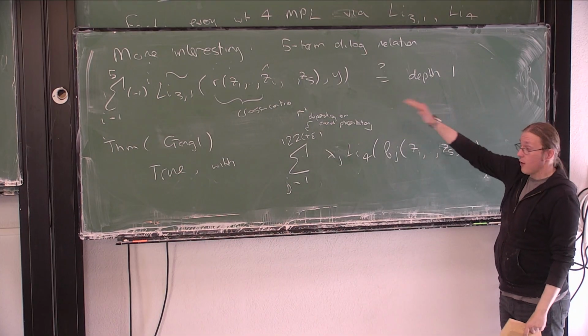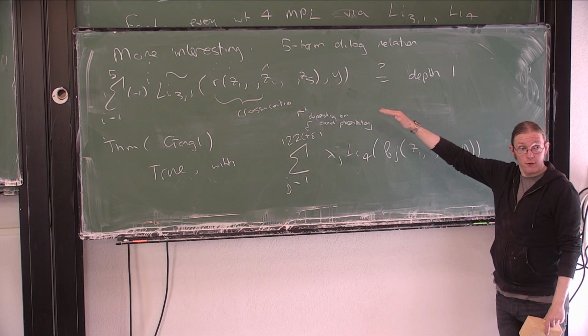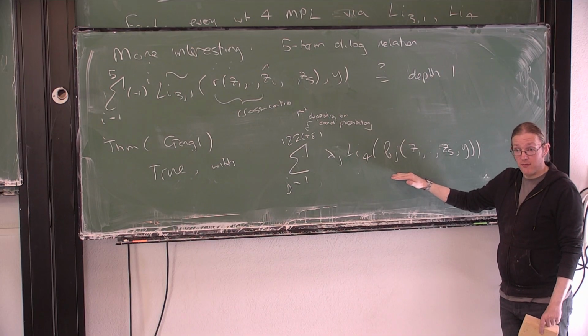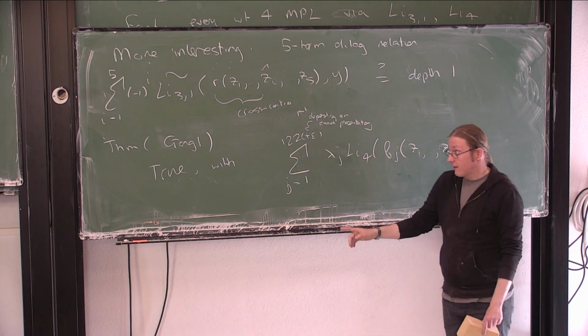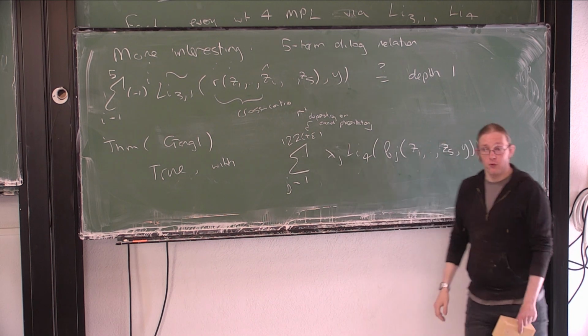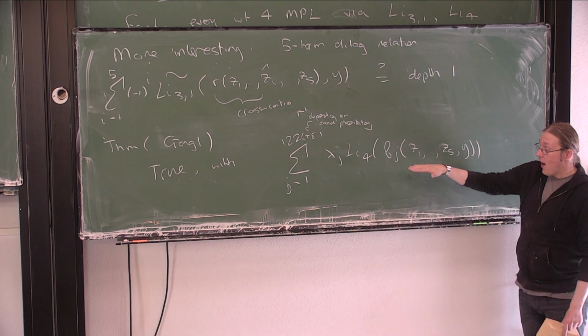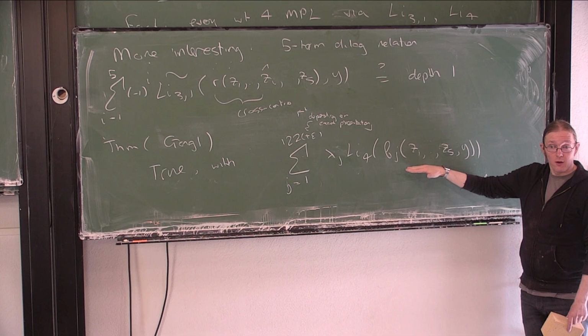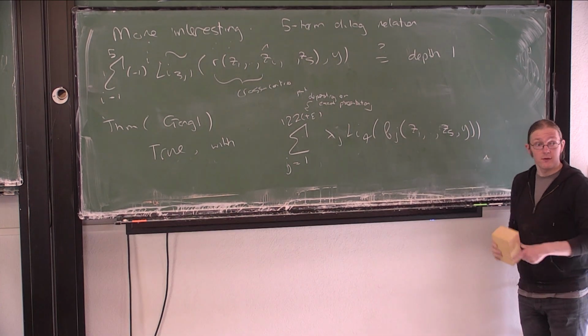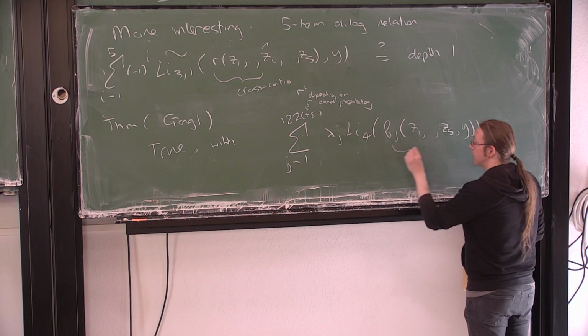So this combination of 5 Lie 3-1 terms where the co-bracket vanishes is indeed equal to a combination of Lie 4 terms. In the minimal presentation, there are something like 122 of them. The arguments involved are products of up to 4 cross ratios divided by 4 cross ratios. So it starts getting quite complicated.